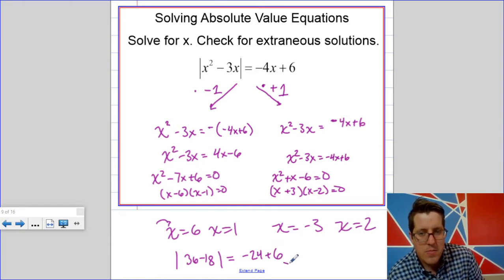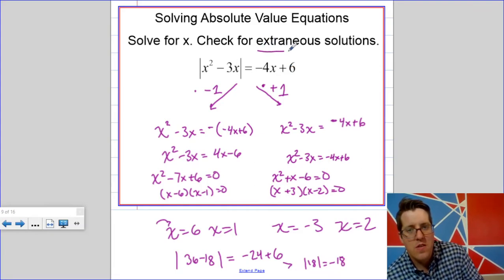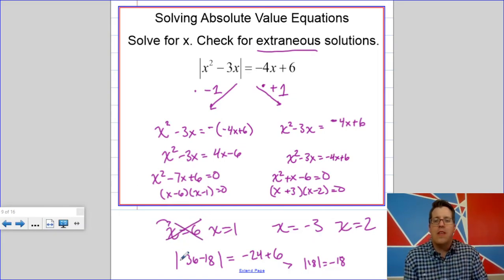Or this simplifies down to the distance equals a negative number. So that is an extraneous solution. It means it does not work. So when that happens, we cross it out. That solution does not work.